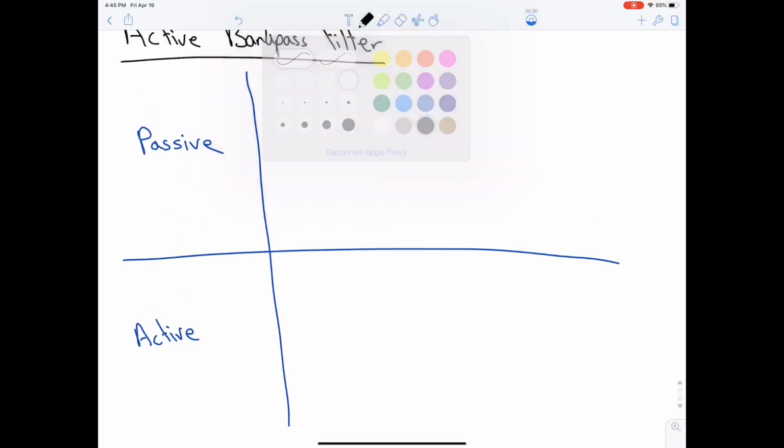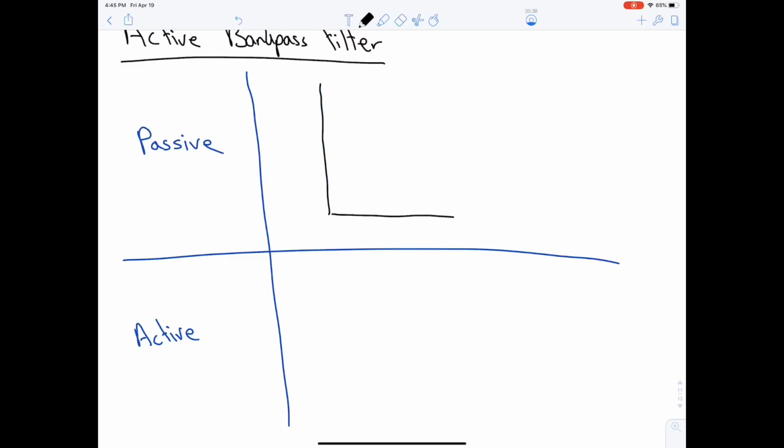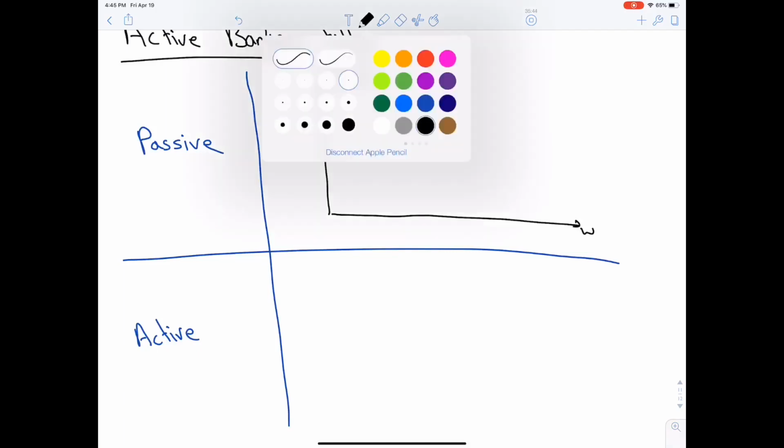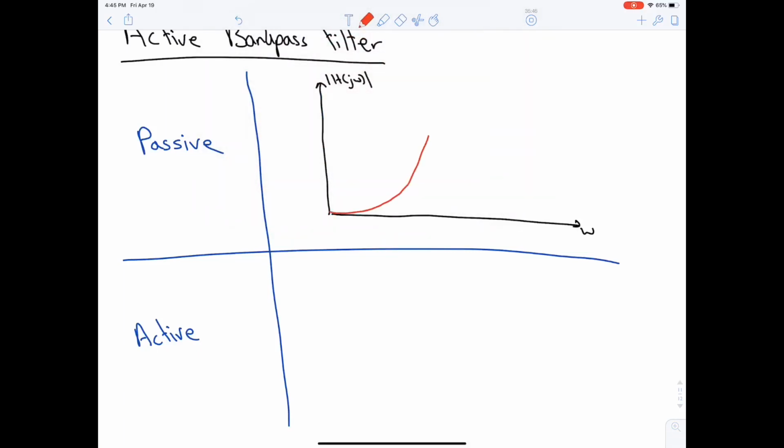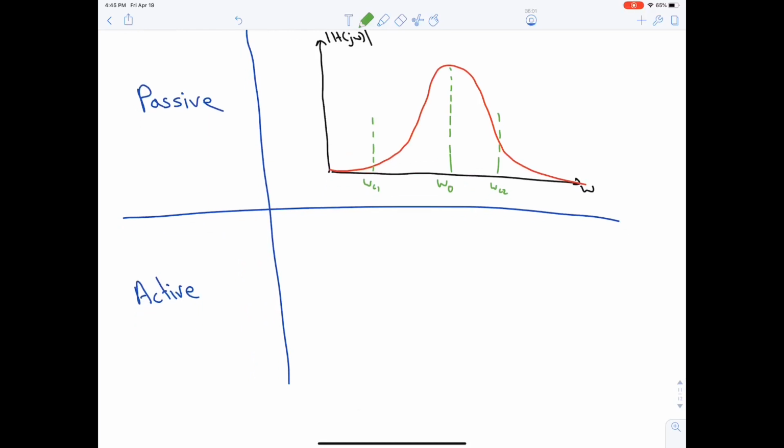For passive, the magnitude plot was as follows. We had two omega C's, omega C1 and omega C2. In the center, we had omega naught, which was called the center frequency. The distance between omega C1 and omega C2 was called the bandwidth.